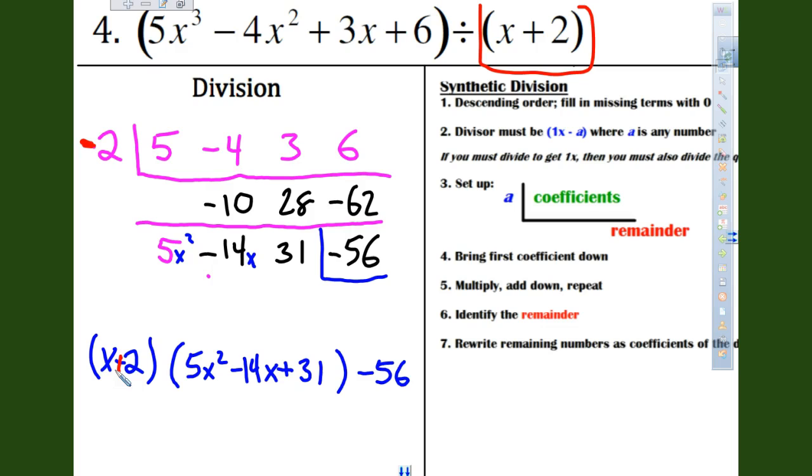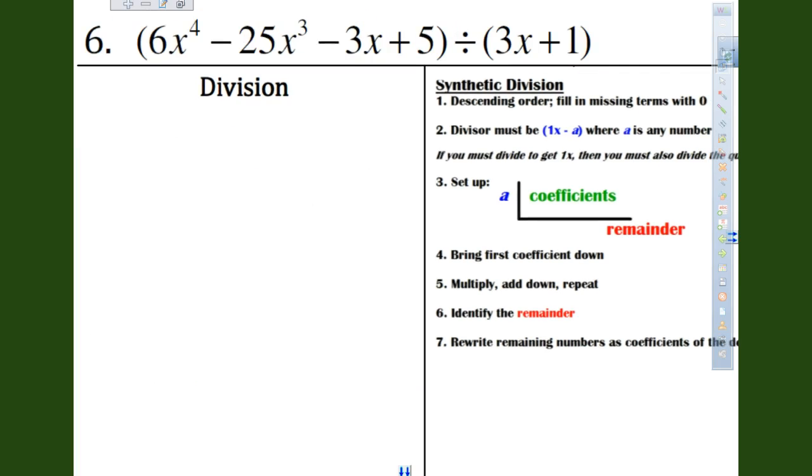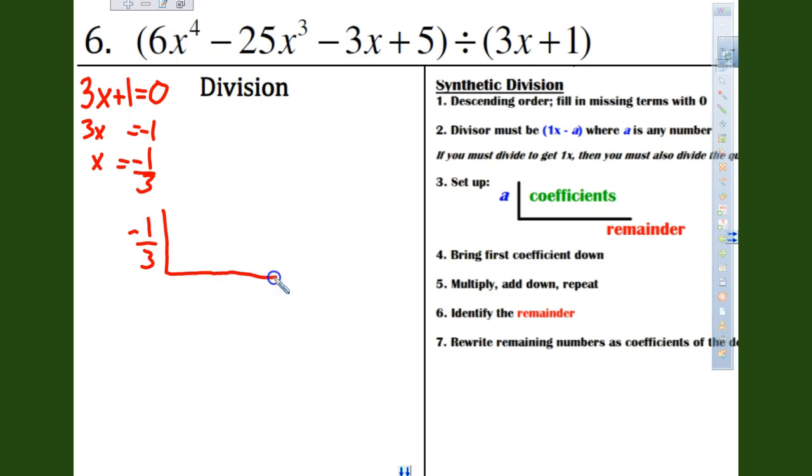So one more. Let's go to 6 because it has the fraction part. So do 3x plus 1 equals 0, which means 3x is negative 1, which means x is negative 1/3. So using negative 1/3, do synthetic division.